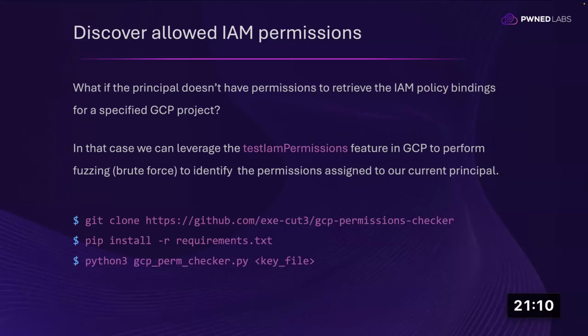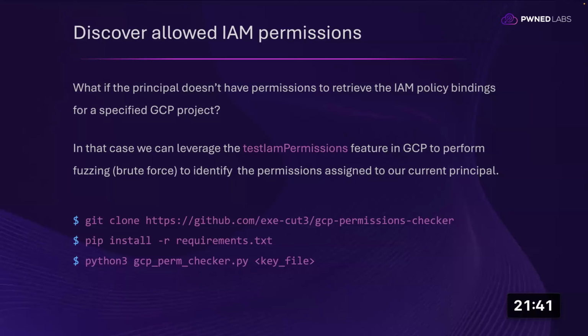Okay, so if we've compromised an identity in GCP, or a principal rather, what if the principal doesn't have permissions to either list the service account or retrieve the IAM policy bindings for a specific GCP project? Well, in that case, we can do a little bit like various brute force tools that exist for AWS, such as AWS Enumerator.